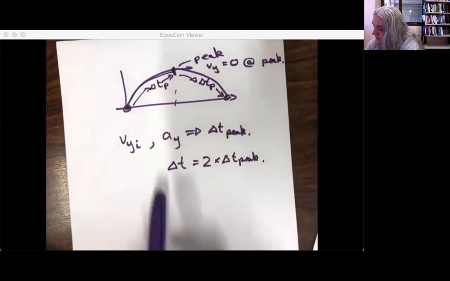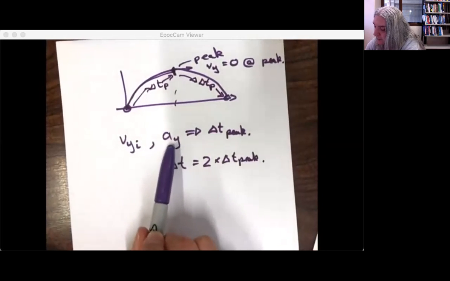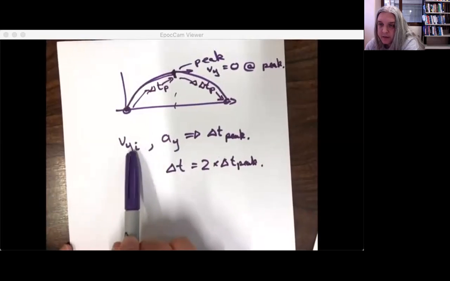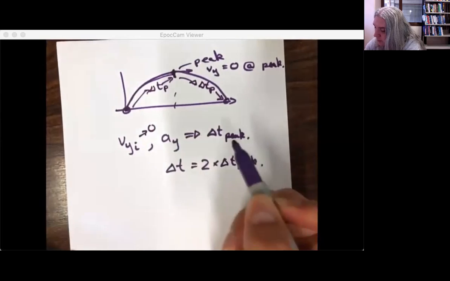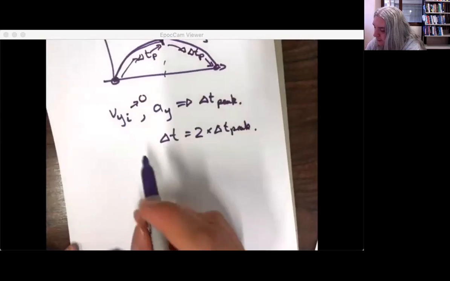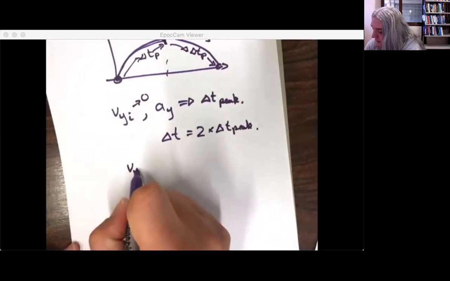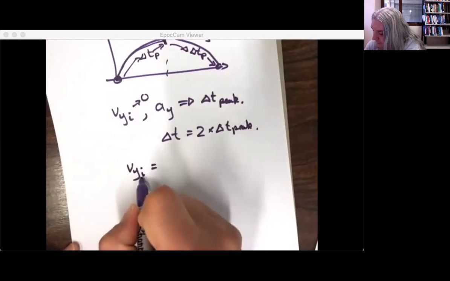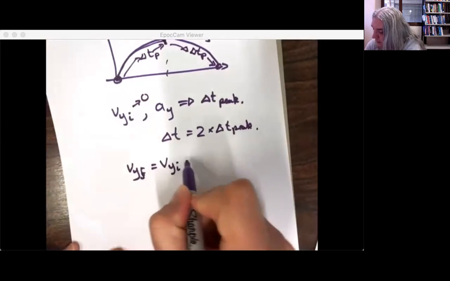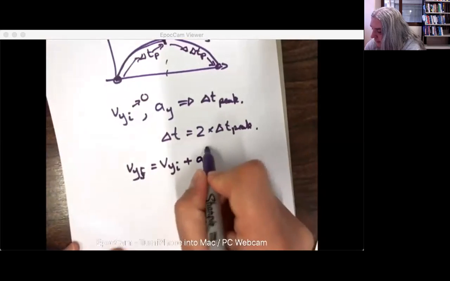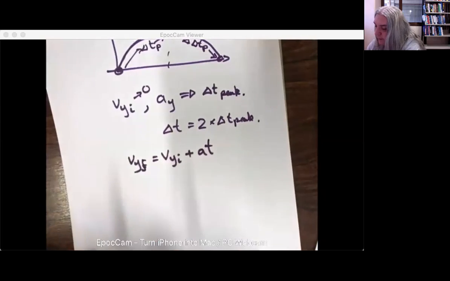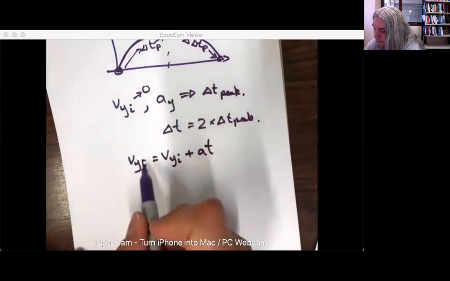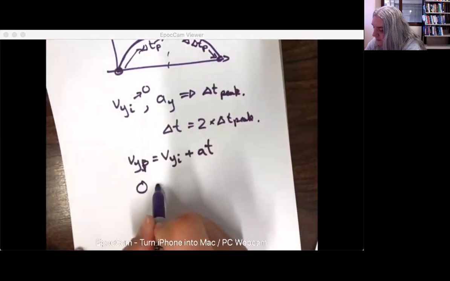And of course, finding out how long it takes for the velocity to change from whatever your initial velocity is to 0 is quite simple, because that was our first kinematic equation. The final velocity is equal to the initial velocity plus at. And in this case, we're setting our final velocity, which is actually the midpoint velocity, the peak velocity, to 0.